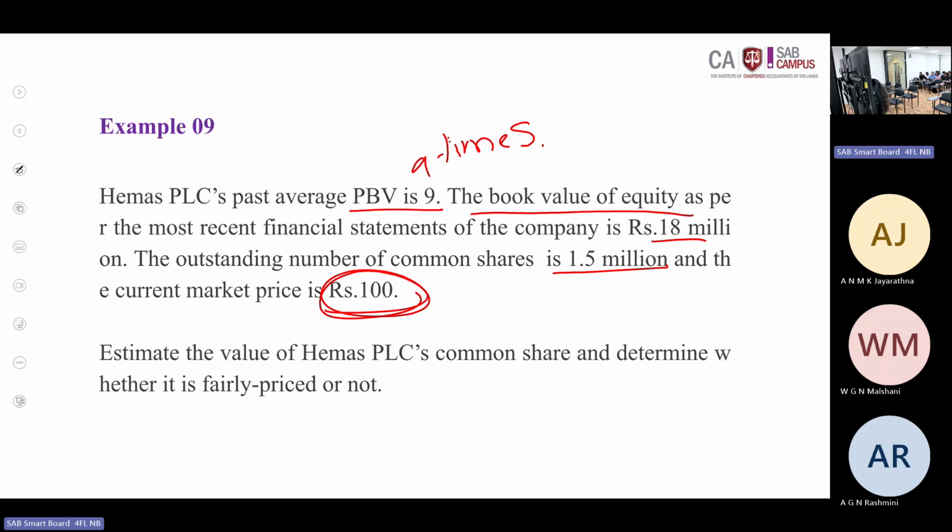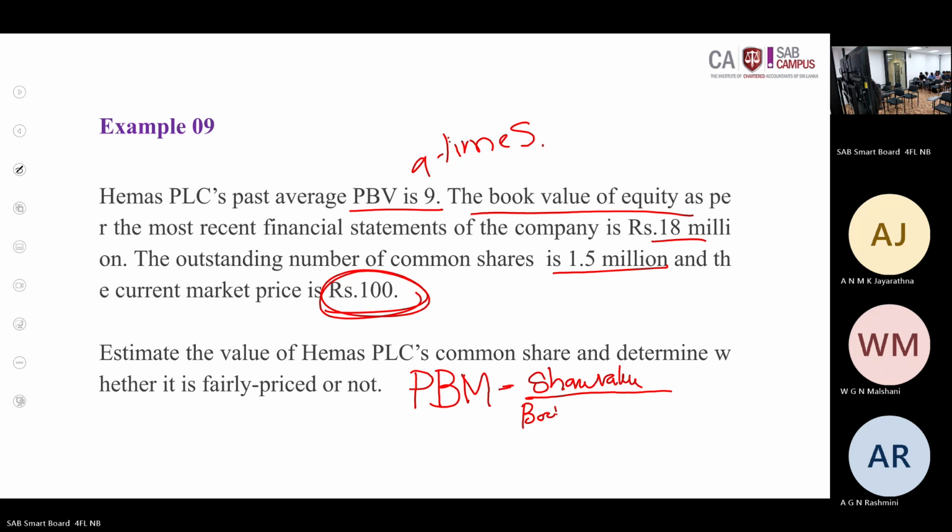Alright, so the price to book value multiple equals share value divided by book value per share.